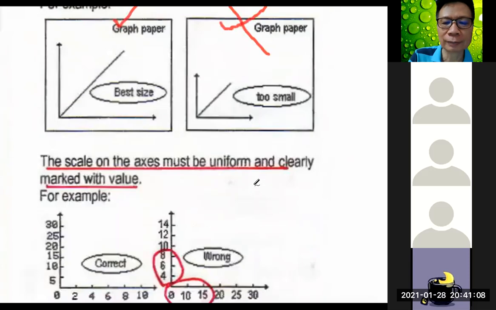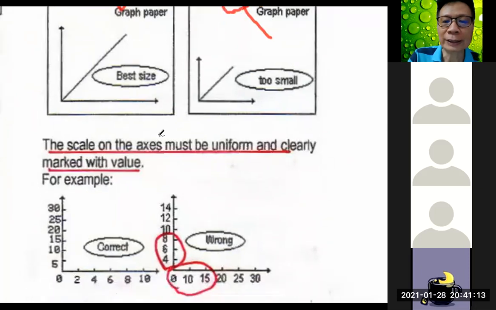Then next one. Okay, read for 1 minute, and then another minute to answer my question.